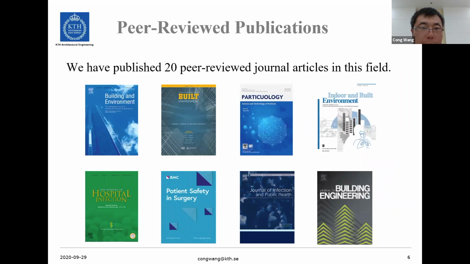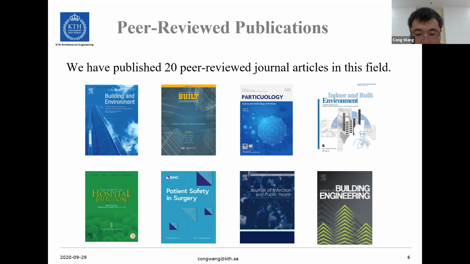Up till now, we have published more than 20 peer-reviewed journal articles in indoor air quality, and especially in this hospital environment. Those journal articles include both engineering journals and medical journals. This is because we have noticed that there is a huge knowledge gap between the building engineers who build the operating rooms and the doctors or nurses who use the operating rooms.